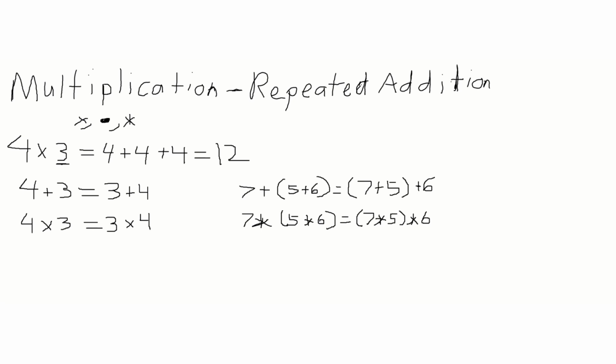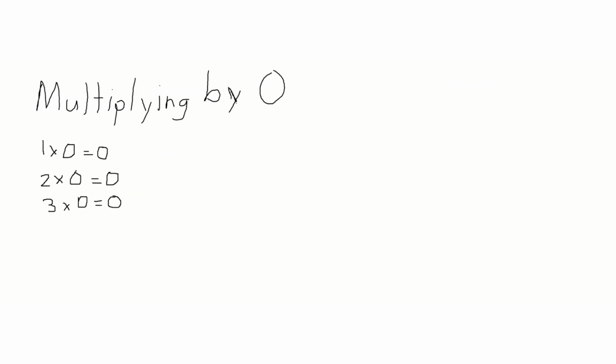So now let's move on to multiplying by 0. So you see from the few examples written here, 1 times 0 is 0, 2 times 0 is 0, and 3 times 0 is 0. Now what you'll find is that if you multiply any number by 0, 0 will be your result.